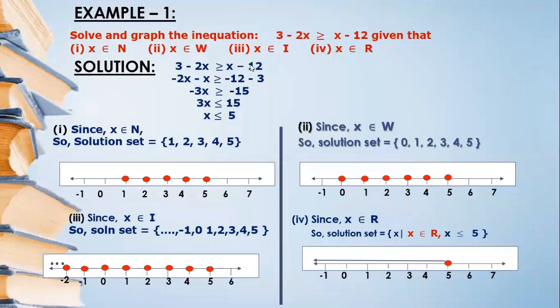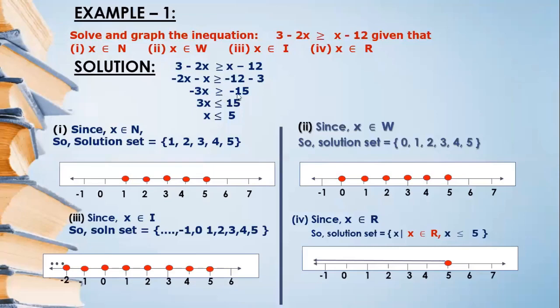And minus 12 is still there on the right hand side, and from left hand side we are going to shift this 3. Since 3 is positive, when it comes on the right hand side, it will become negative. So on solving this, we will get minus 3x greater than or equal to minus 15.